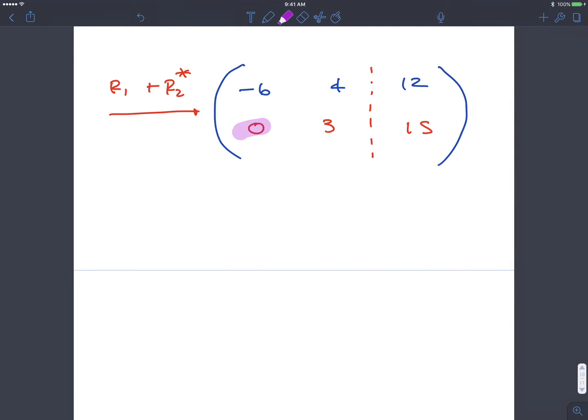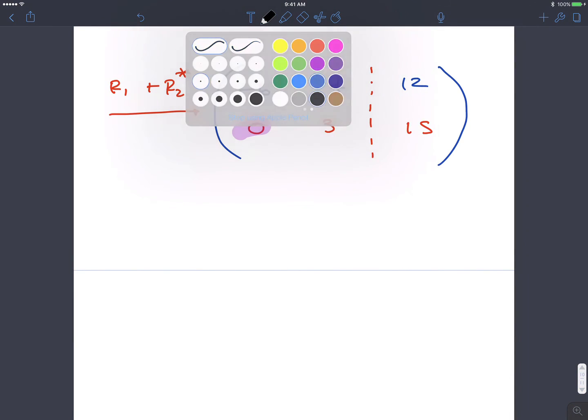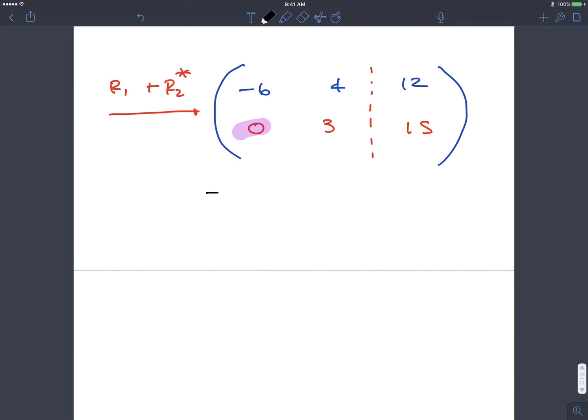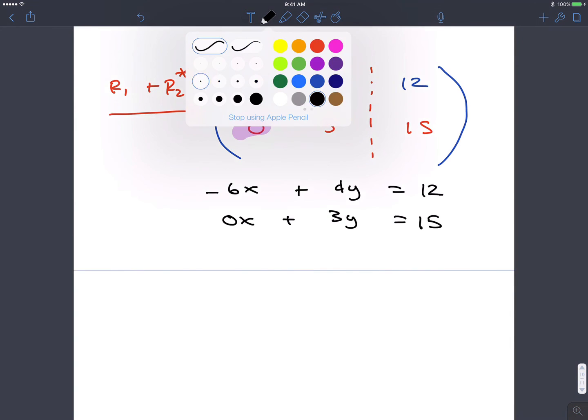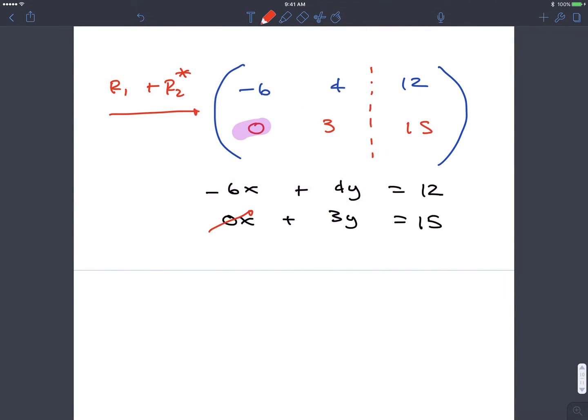Okay. Now that it's in row echelon form, we're going to recreate the system using these coefficients. We have negative 6x plus 4y equals 12. I got that 0x plus 3y equals 15. And by now you may realize and say, well, this just gives me a 0 here, which means it's gone, and you're correct.